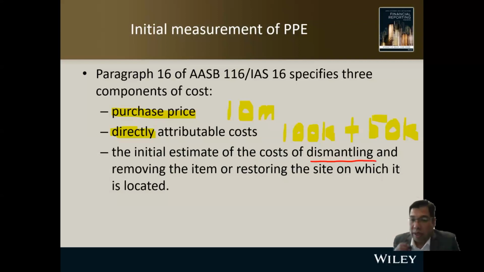So we have three types of cost. Number one is the purchase price. Number two, cost directly attributable to the asset, to the purchase. Number three is the cost to remove that asset and restore the site after the completion of the project. So these are the three costs relating to the initial measurement of PPE.